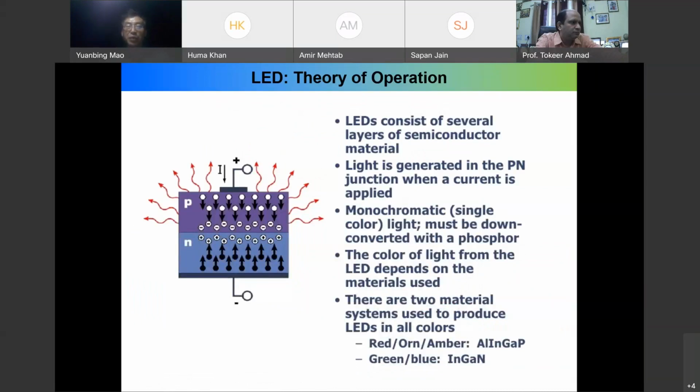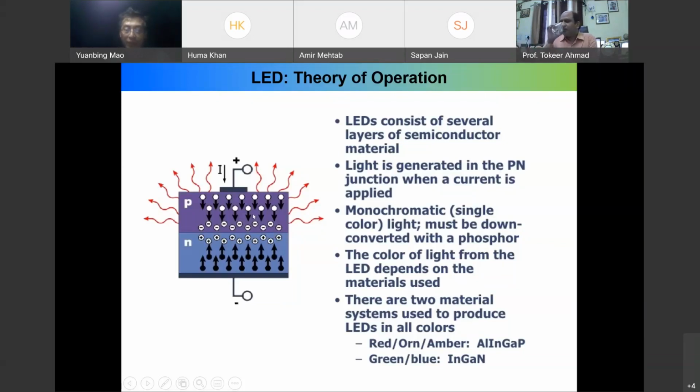And so, for us to really understand solid state lighting, we have to go back and understand a little bit about how an LED works. The LED, the light emitting diode, consists of several layers of semiconductor materials. The light is generated in the PN junction when a current is applied, as you see here.